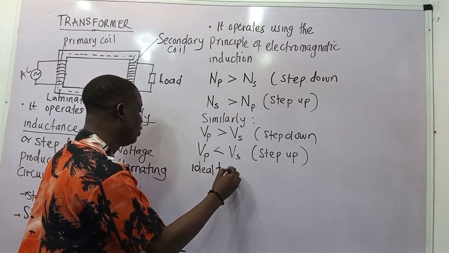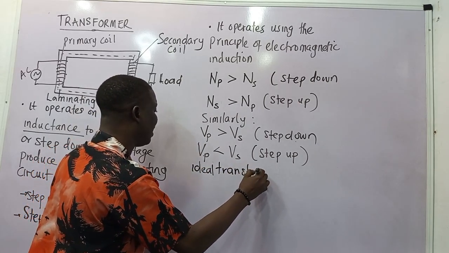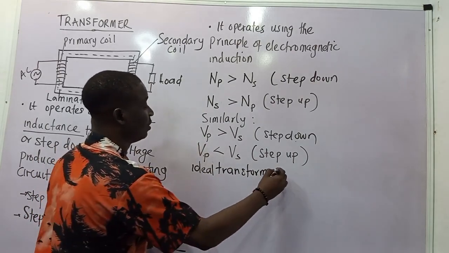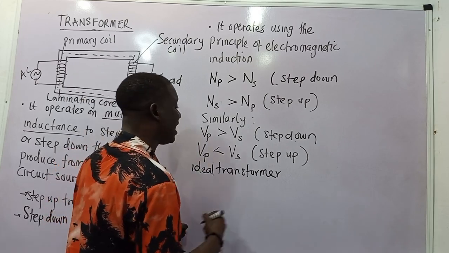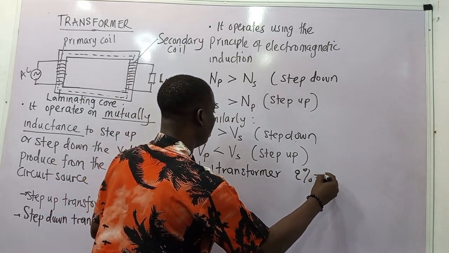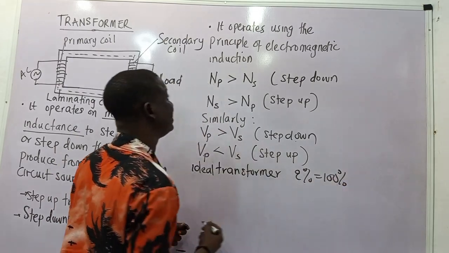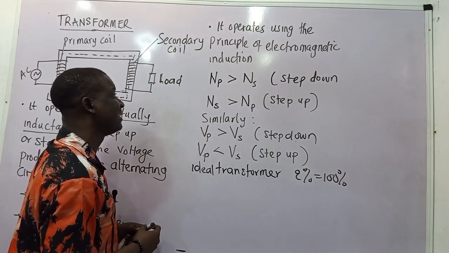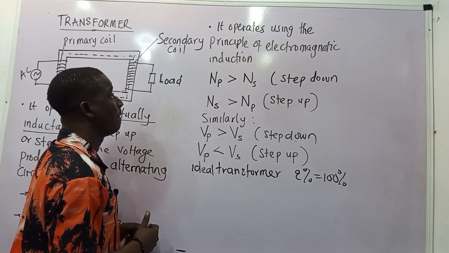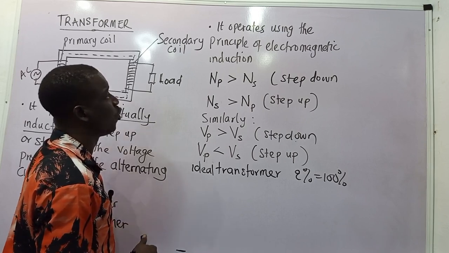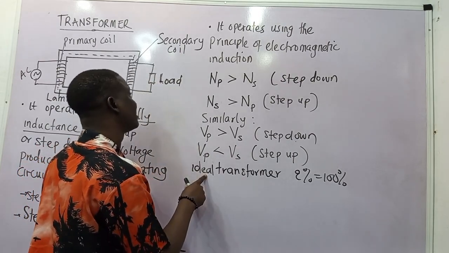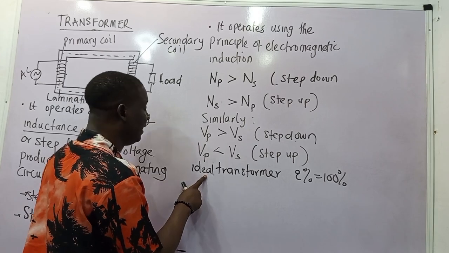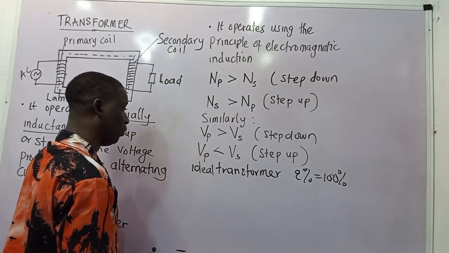When I say an ideal transformer, we mean a transformer where the losses are minimal, or where the efficiency is equal to 100%. If the efficiency is 100%, it means the energy loss is zero.